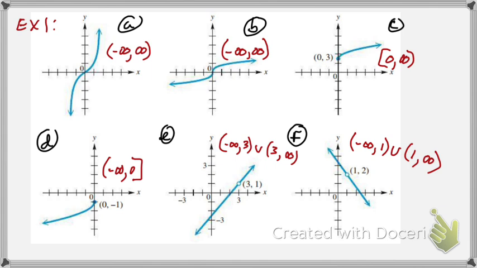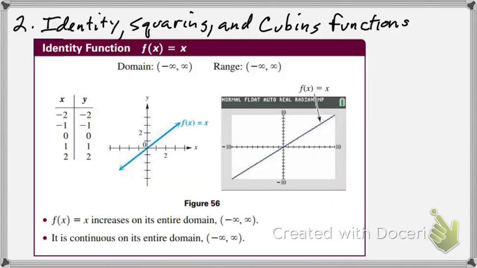All right, let's go on to the next little topic here in this section. Now then, we're going to look at 6 different functions. And these are called parent functions. You don't need to write this down, y'all. It's in the book. These are called parent functions because we can manipulate those parent functions, and we're going to do that in section 2.7.